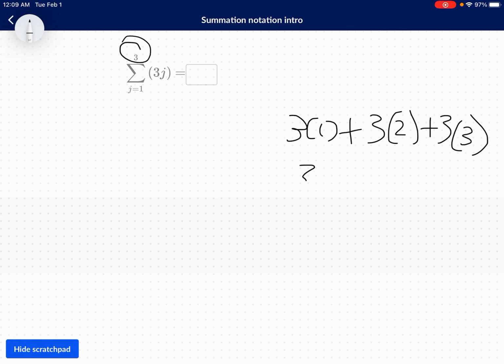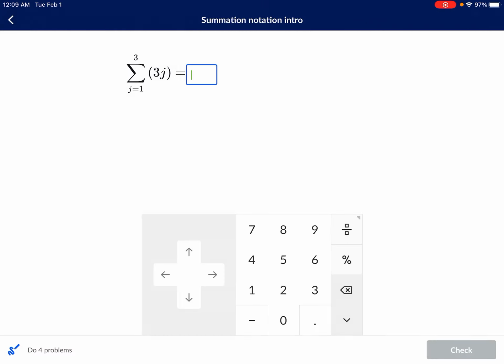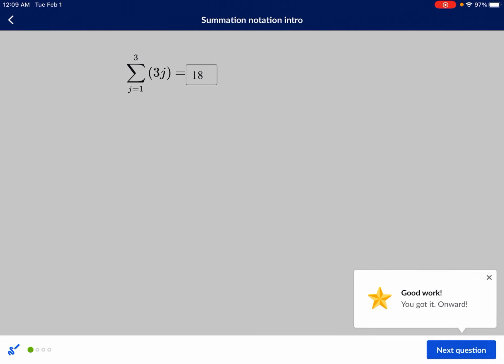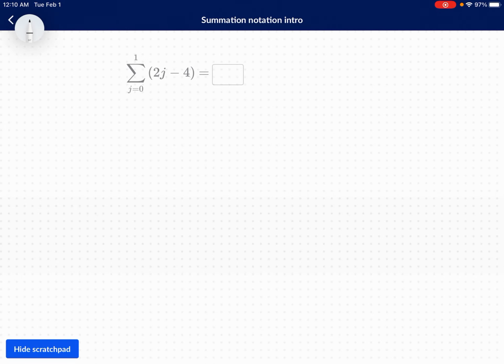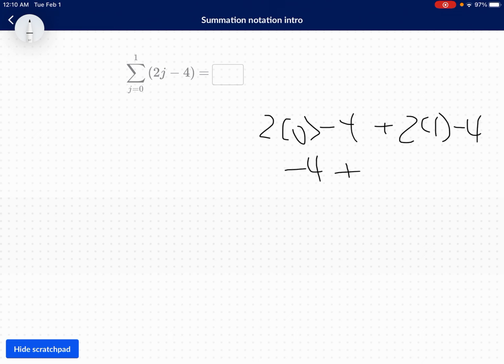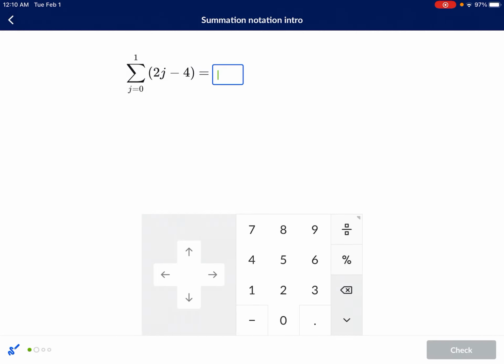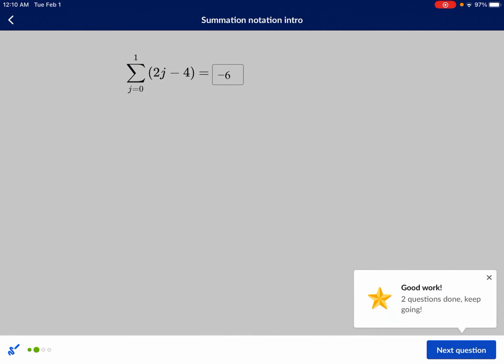Evaluate this, it adds up to 3 plus 6 plus 9, that is 18. Same thing, when j is 0, this is 2(0) minus 4 plus 2(1) minus 4. This is negative 4 plus negative 2, that's negative 6.